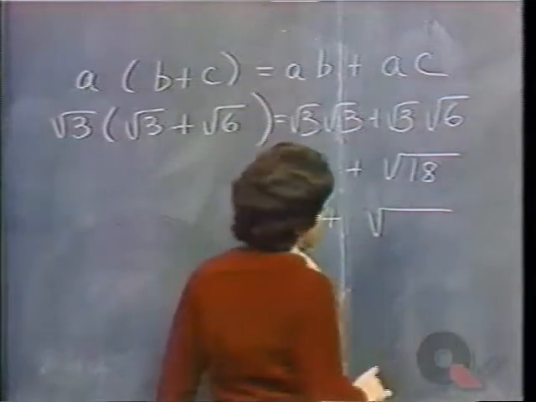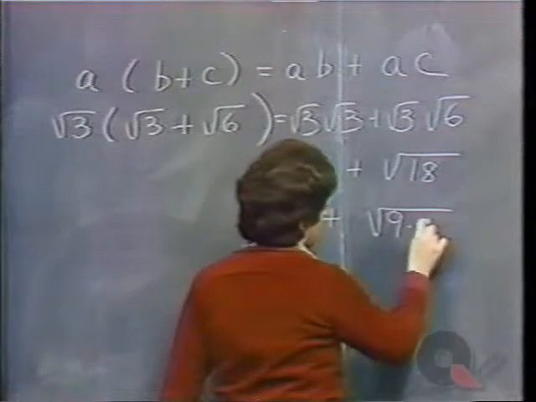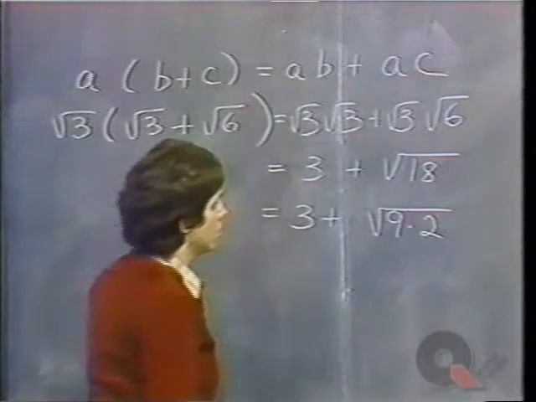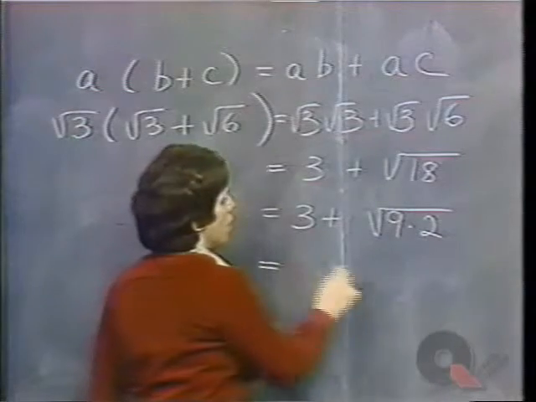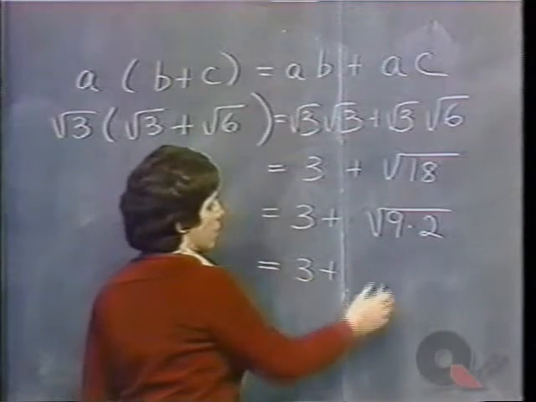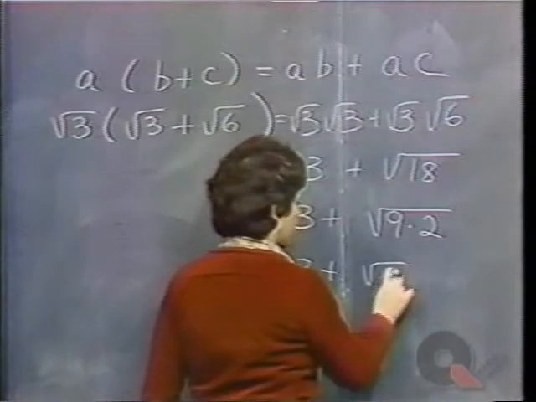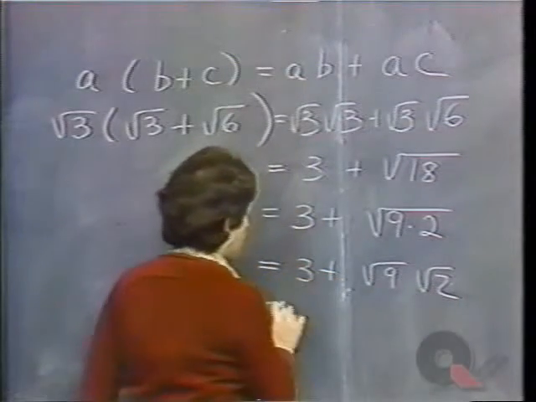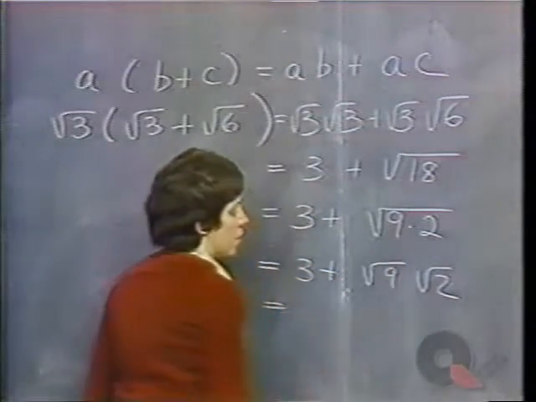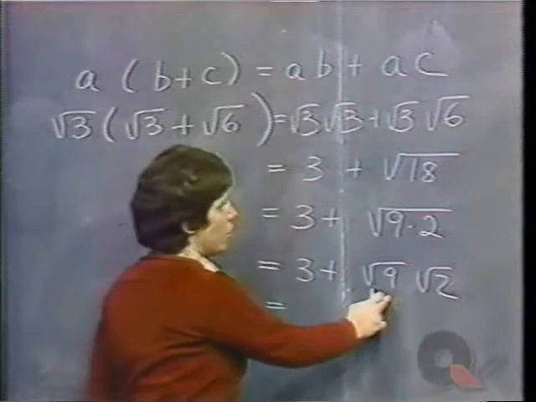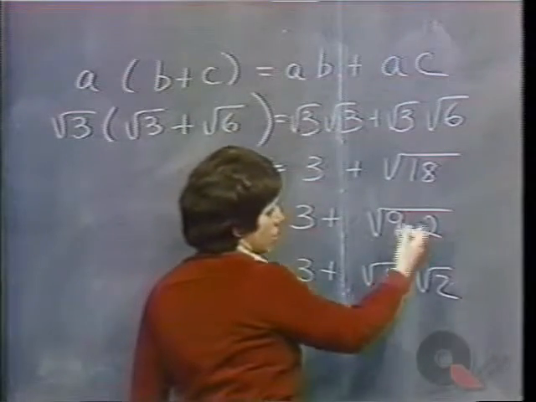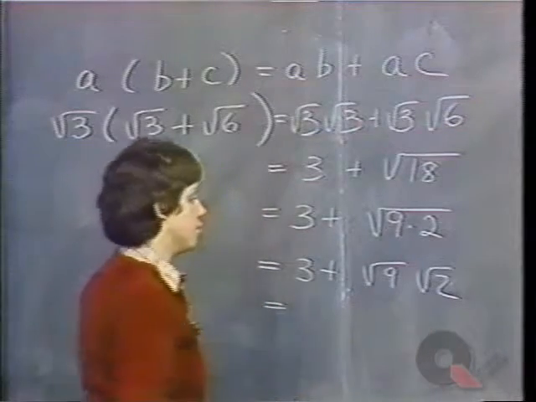You can write 18, of course, as 9, which is a perfect square, times 2. And this is now 3 plus the square root of 9 times the square root of 2. 9, of course, was chosen because it is a perfect square. It is true that 18 is 6 times 3, but that would not help us to reduce this.